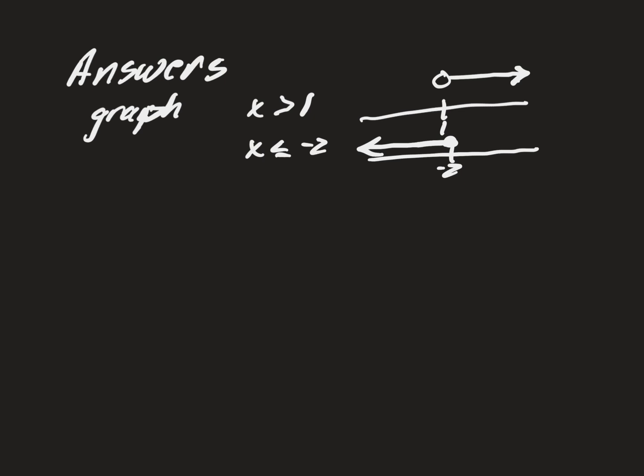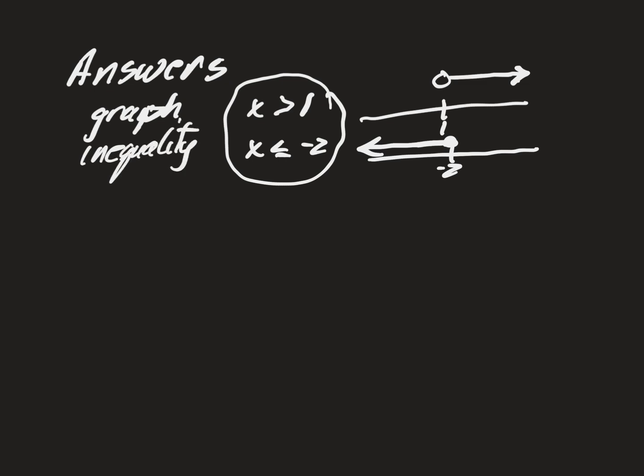The other way we could write our answers is we could write them as an inequality. So we'd actually write the inequality. We'd solve a simple linear inequality, and we get x is greater than 1 or x is less than or equal to 2. So finally, the last way to write answers is what is called interval notation.